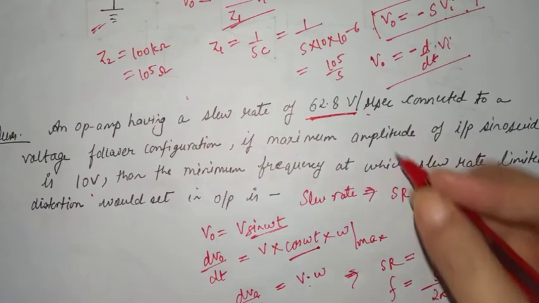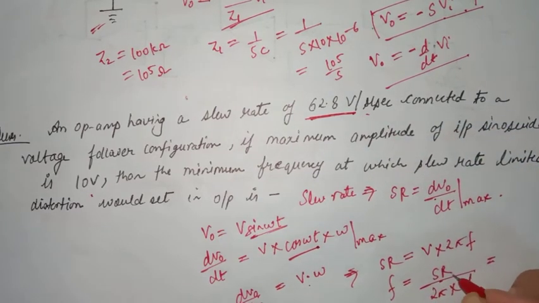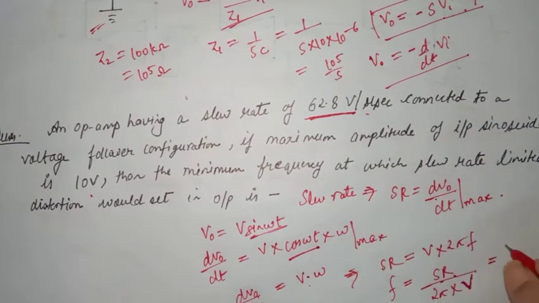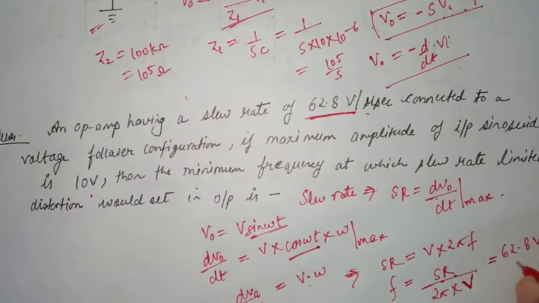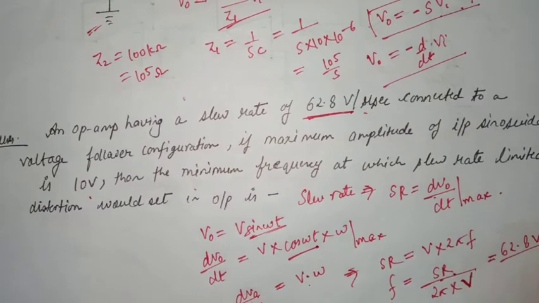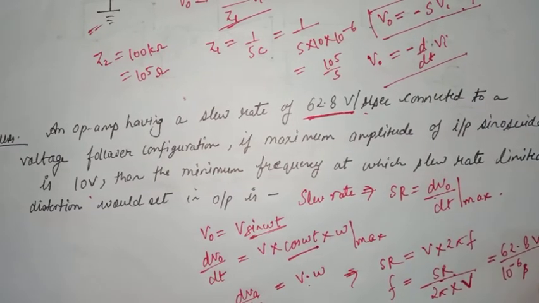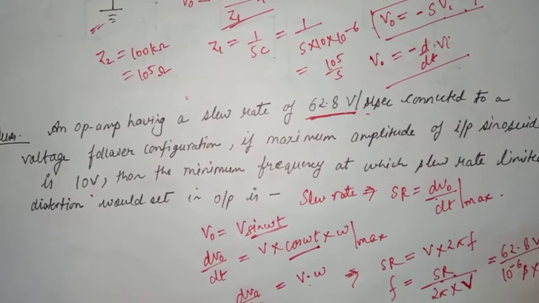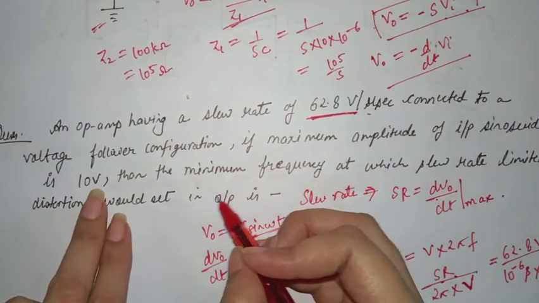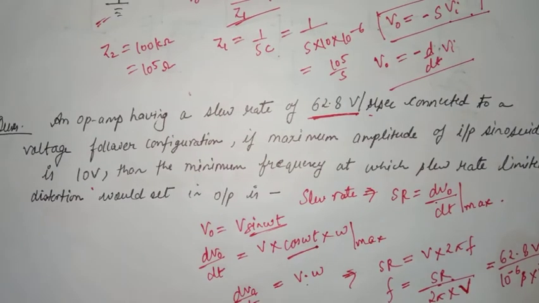So in this case the value we will put is 62.8 volt per microsecond, means 62.8 upon 10 की power minus 6 second into 2 pi, and what is the input voltage, that is 10 volt.